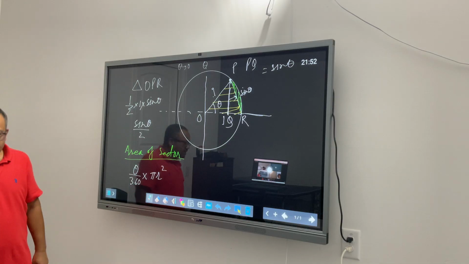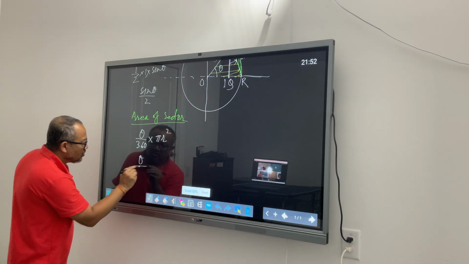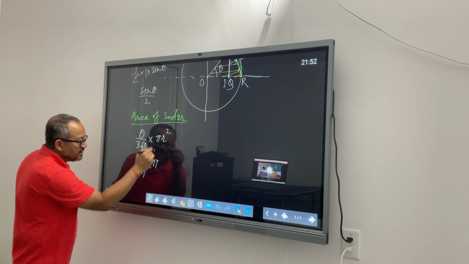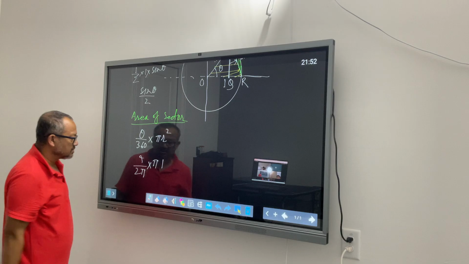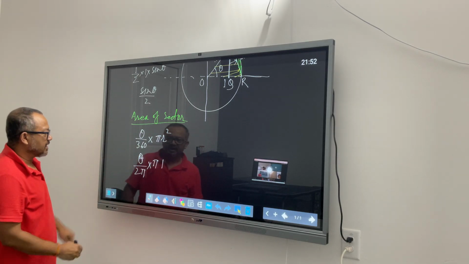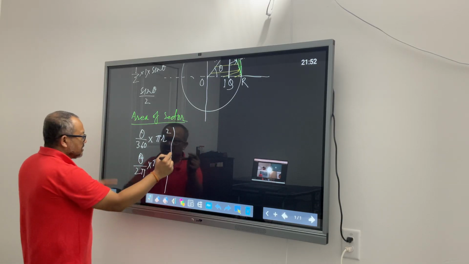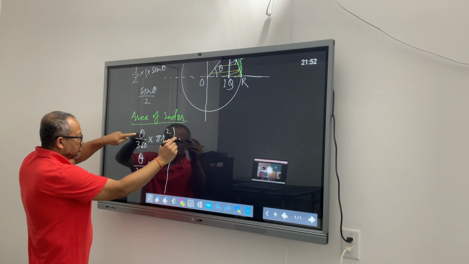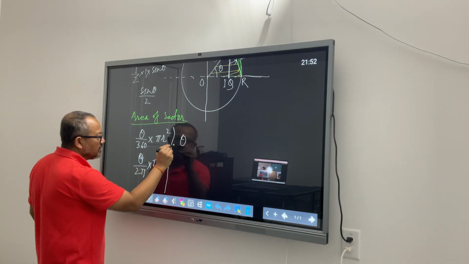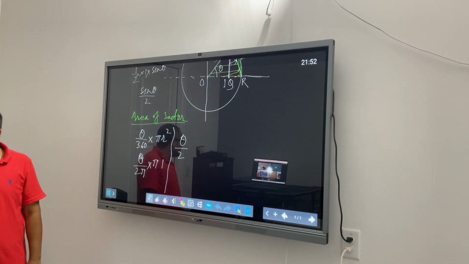Or if you think of this in radian, it is theta over 2 pi into pi r square, and my radius is 1, so 1 square will be 1. So the area of this sector became how much? Theta times pi over 2 pi, that is theta over 2. Correct? Are you guys following me so far?